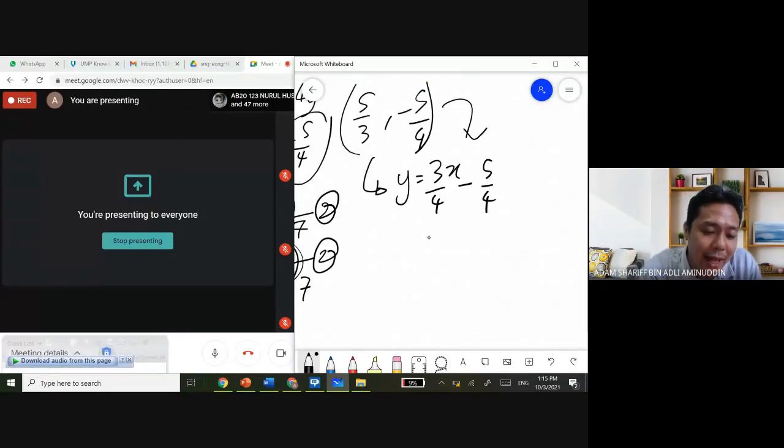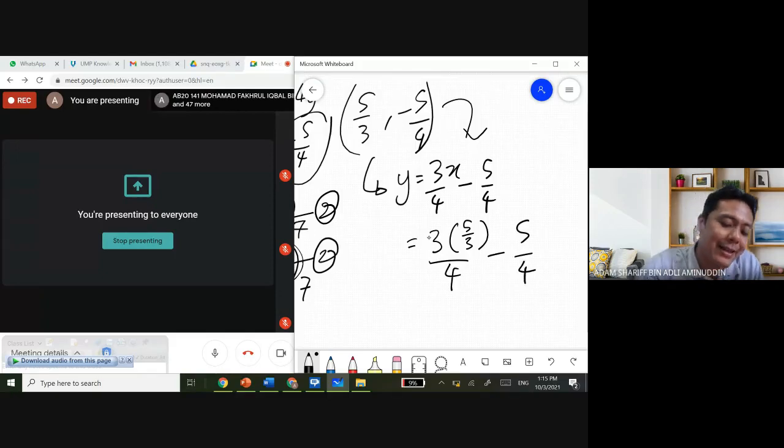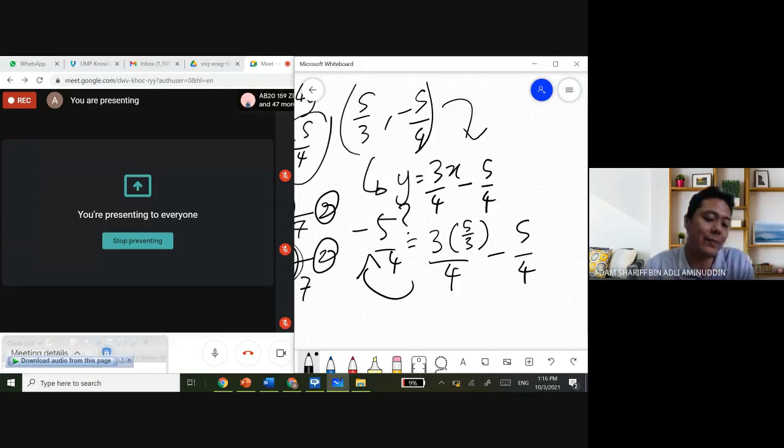Kalau x kita 5/3. 3 kali 5/3 per 4 tolak 5/4. Dapat tak negatif 5/4? Soalan dia. Kalau sini tolak 5/4 kosong. So dia tak sama.